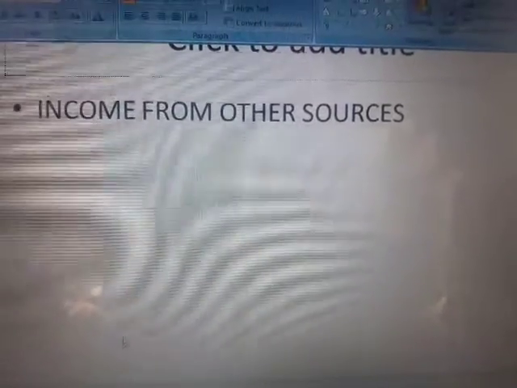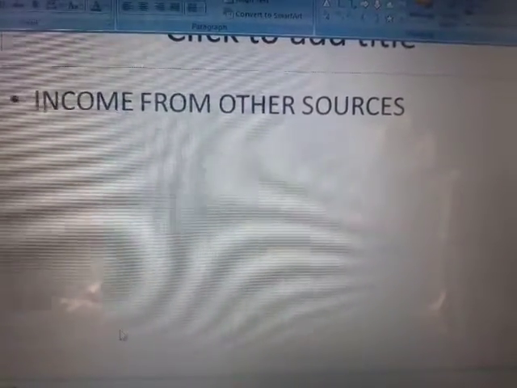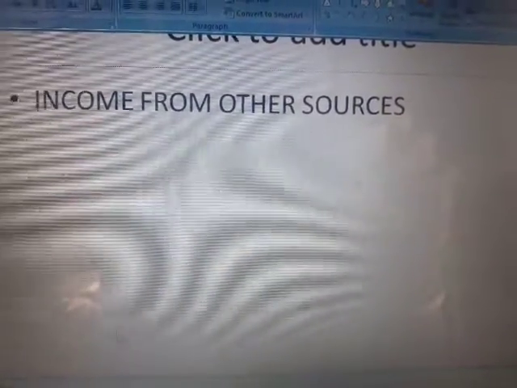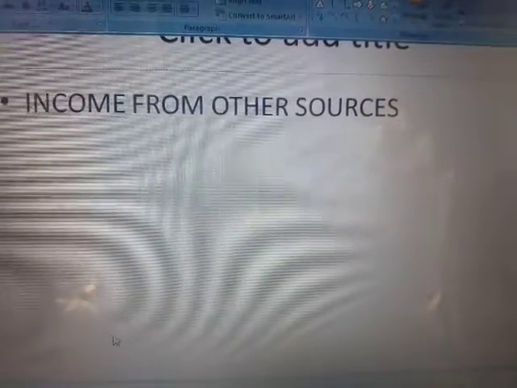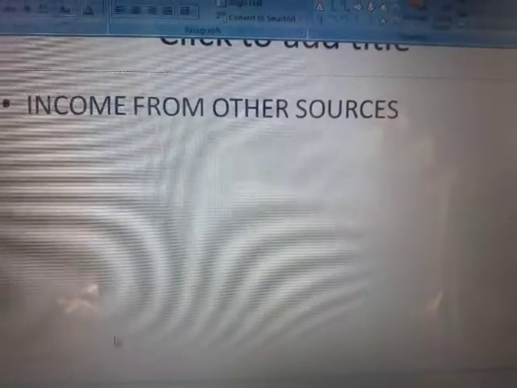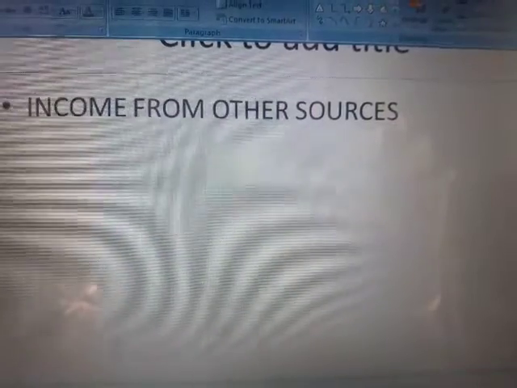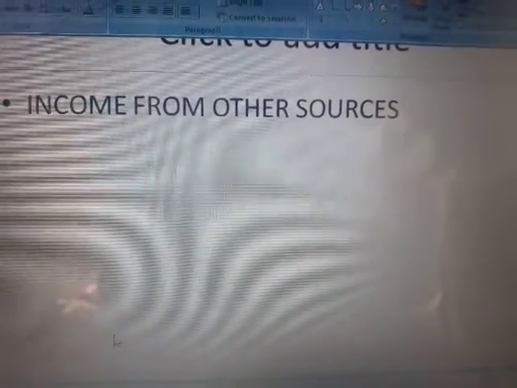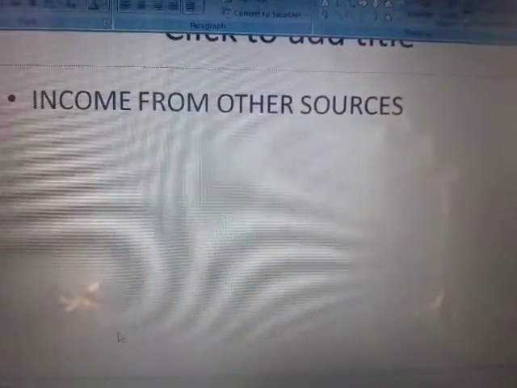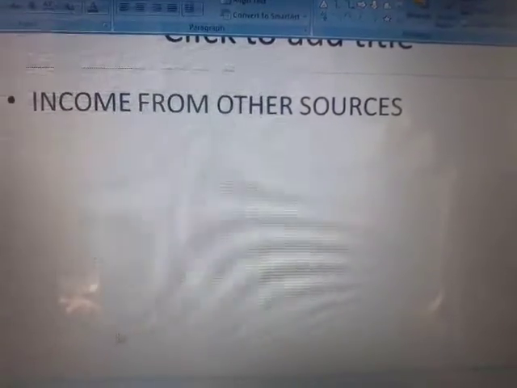Income from other sources: all types of dividends, income from horse riding, income from playing cards, and lottery tickets.